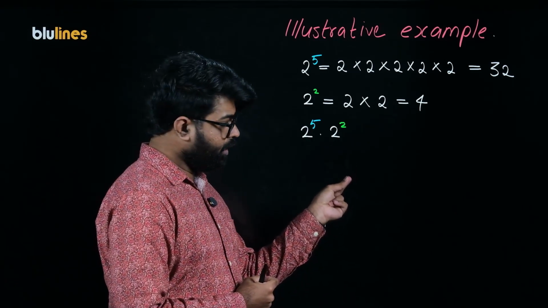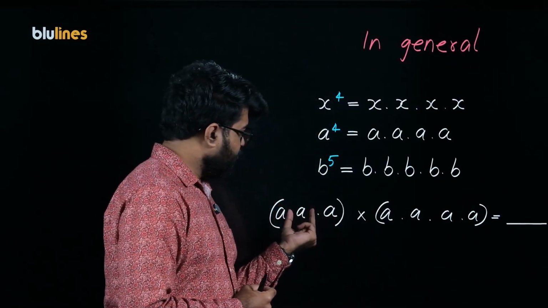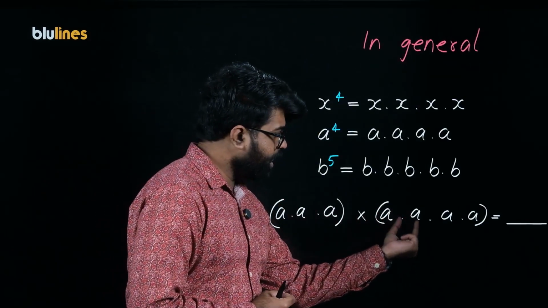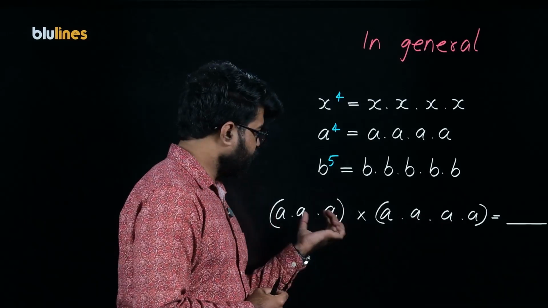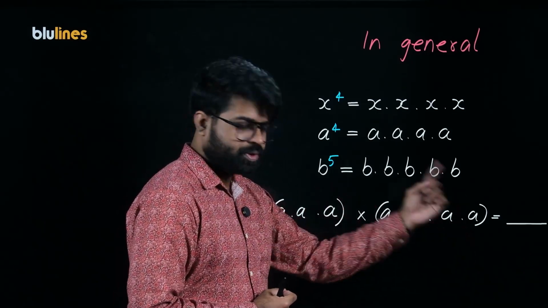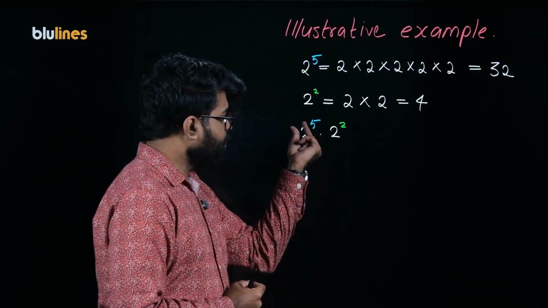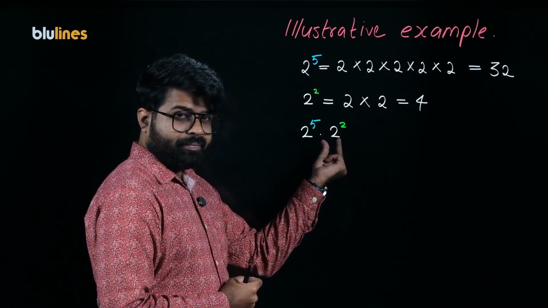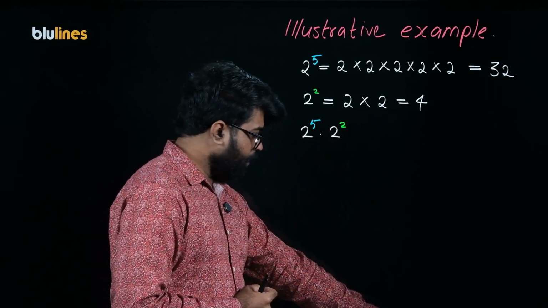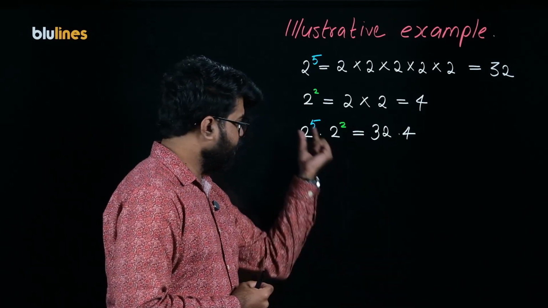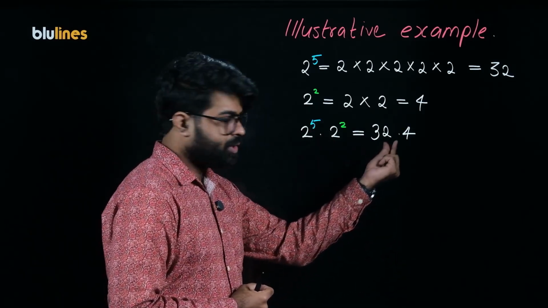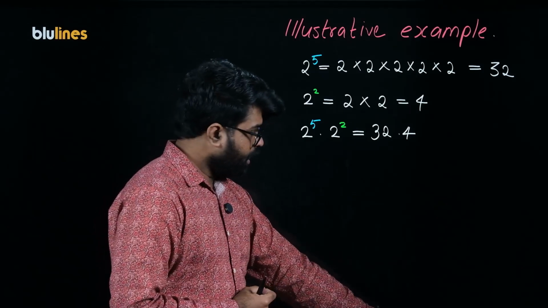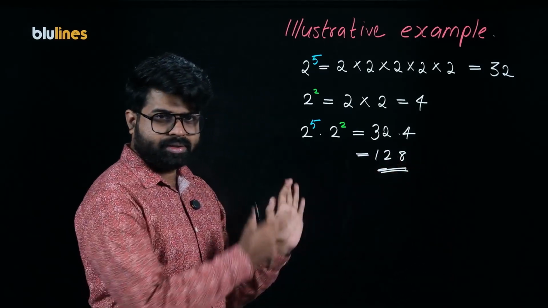We have seen what happens when a into a into a is multiplied with a into a into a into a. So this is of the form a cube into a raised to 4. Similarly, here we have 2 raised to 5 into 2 square. In such a case, my method is this. We know 2 raised to 5 is 32, so 32 into 4 is equal to 128 in one way.